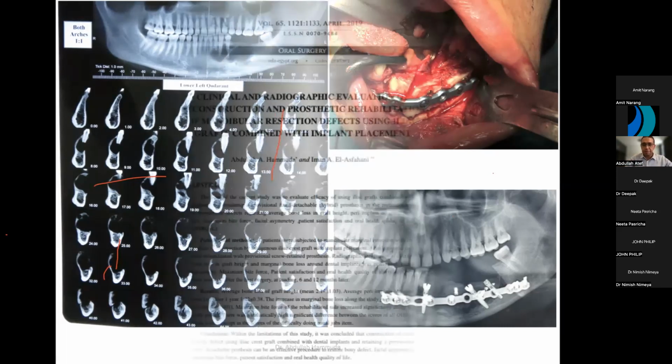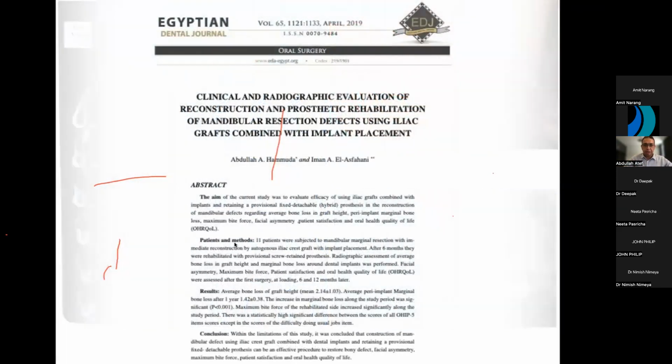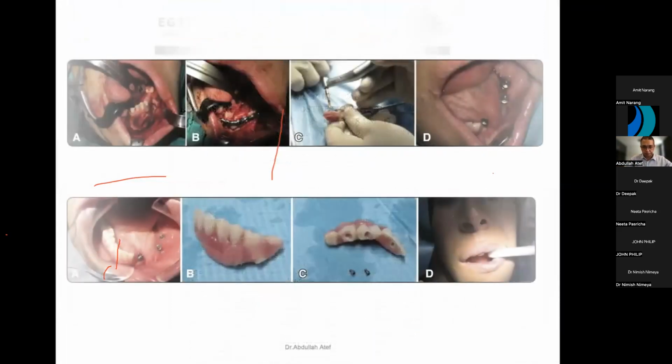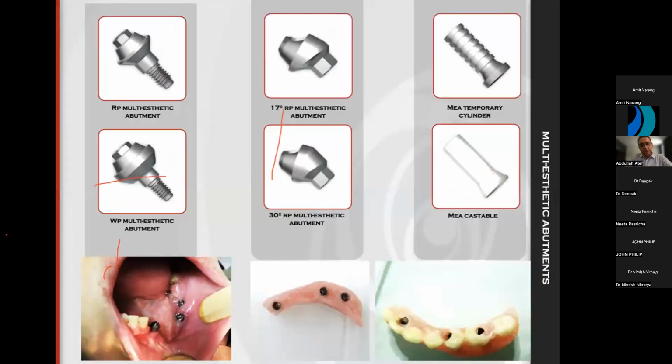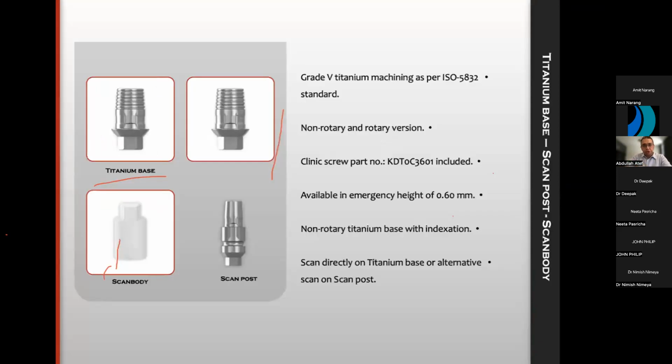I published this paper in an Egyptian journal, and we used multi-unit abutments here because I needed a big prosthesis to compensate for tissue support.